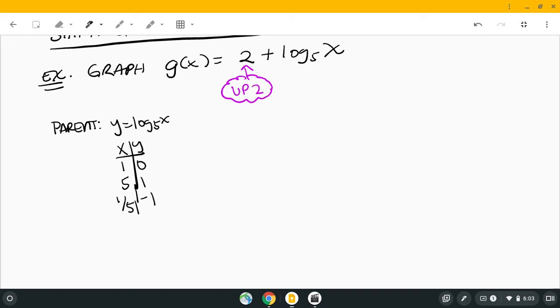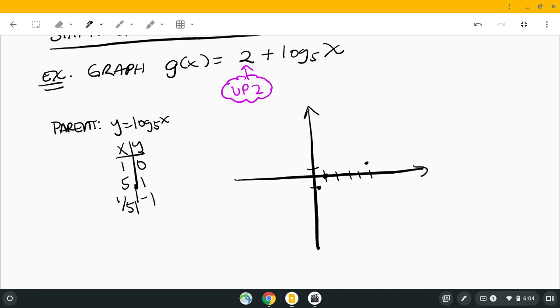So the parent function will have a point at (1, 0), a point at (5, 1), and a point at (1/5, -1).